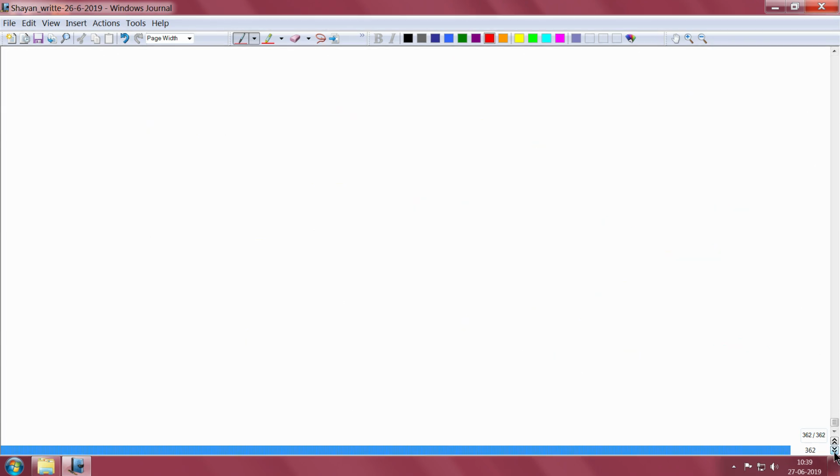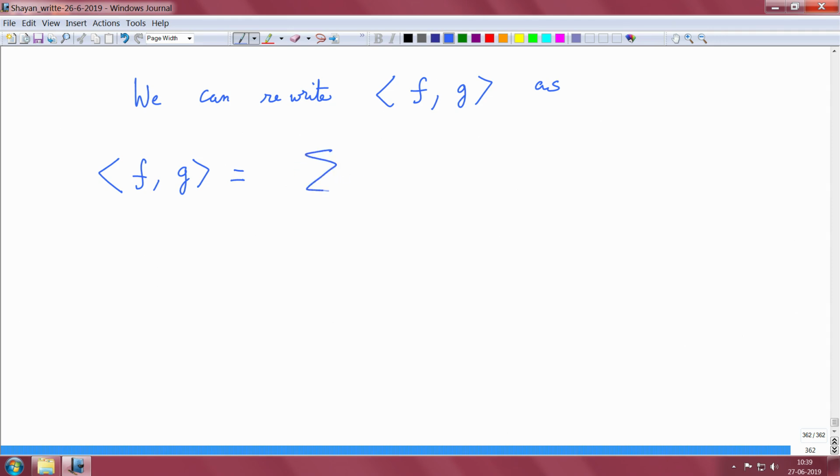Now let us try to rewrite the inner product slightly differently. So what I will do is as follows. I take the definition of this bilinear form, right.